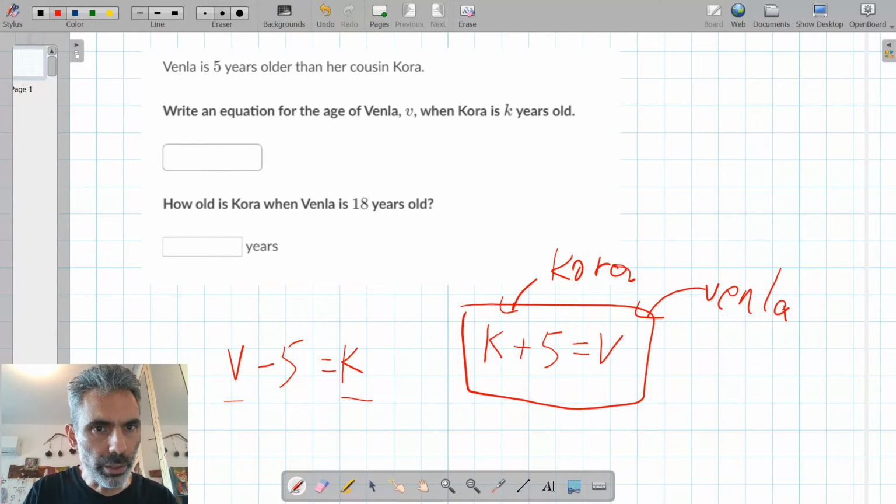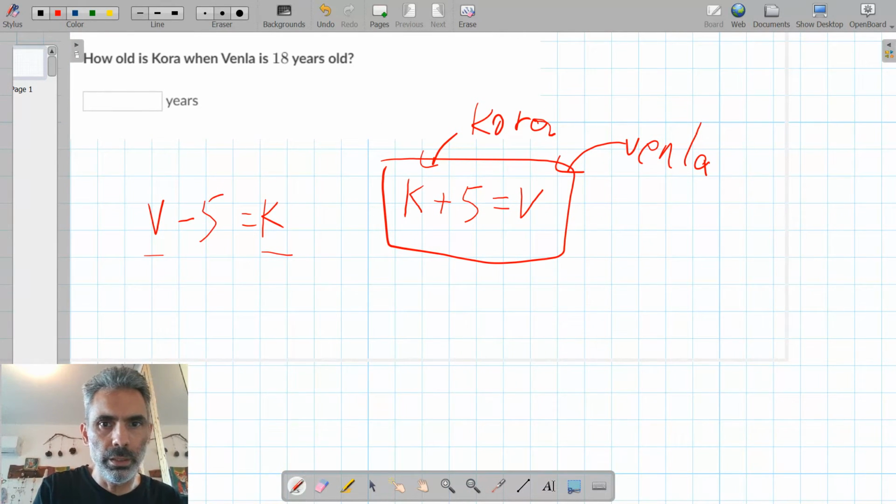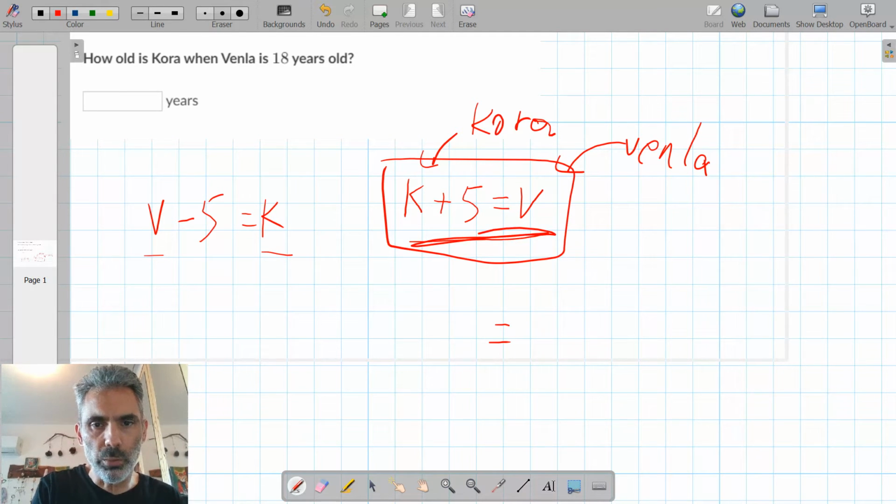How old is Cora when Venla is 18 years old? Okay, so now we need to plug in Venla's age. Let's use this equation.